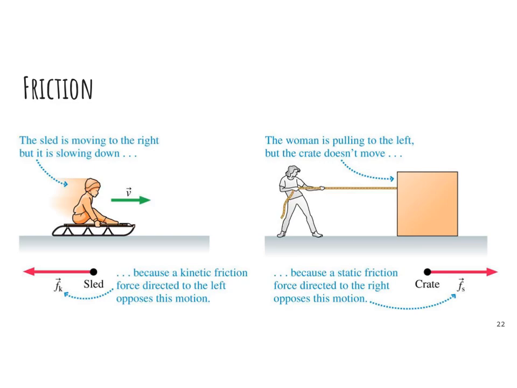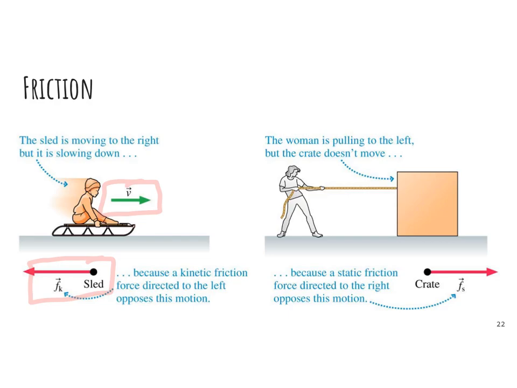Whenever we're categorizing friction, it always opposes motion. In this case, this child has a velocity going to the right, which means that the friction is going to the left. So the direction of the force vector always opposes the motion.